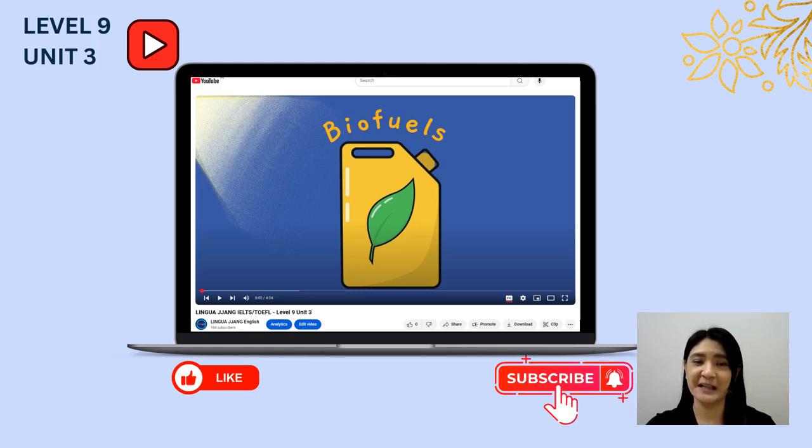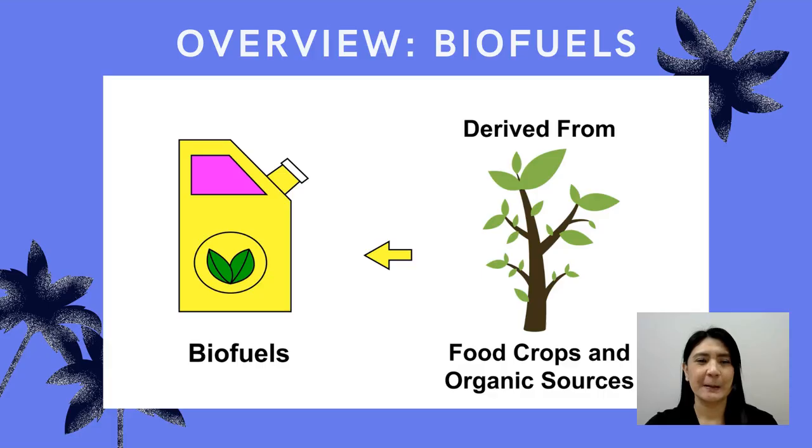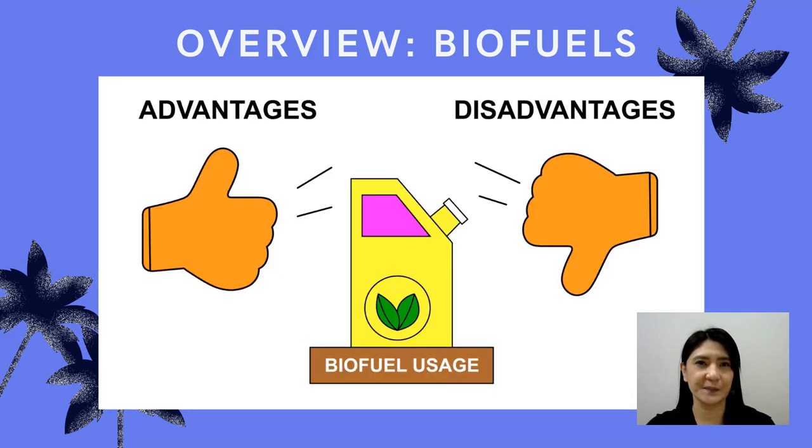Now, let's break it down together. Biofuels have become a significant part of the conversation about alternative energy sources. They are fuels made from organic materials like food crops, which offer a renewable and often cleaner alternative to fossil fuels.